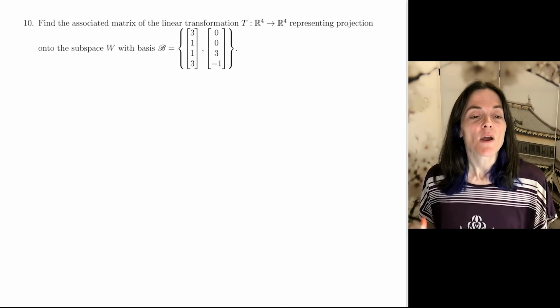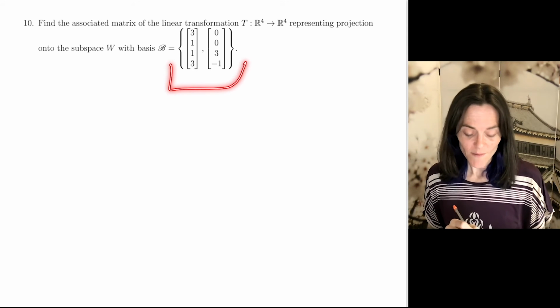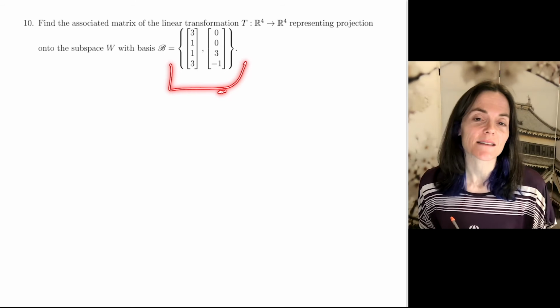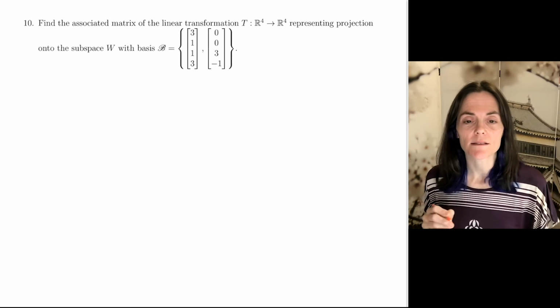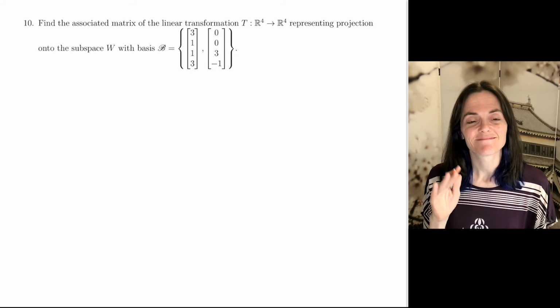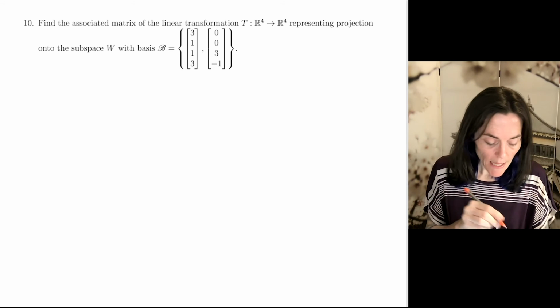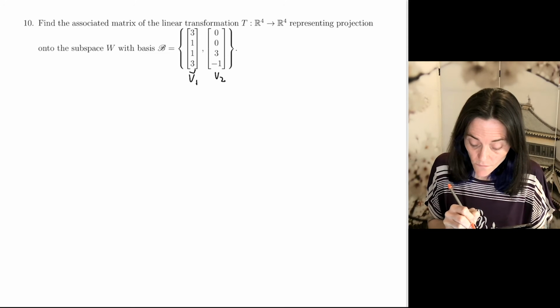Number 10, we are given a subspace W of R4. Really, we're given a basis for W. Note that W is a two-dimensional subspace of R4. What we want to do is find the matrix of projection onto W. So this will be a 4x4 matrix. Now, let me just label here. Say I label this V1 and label this V2.